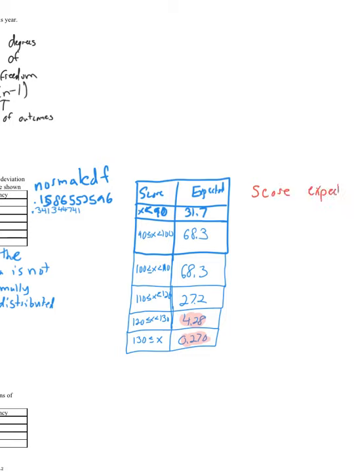The score is when it's less than 90, we had 31.7, so that's good. When it's between 90 and 100, we had 68.3, so that's good. Between 100 and 110, we had 68.3, so that's good.